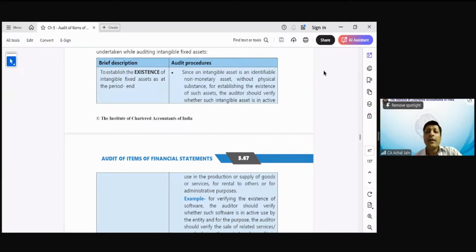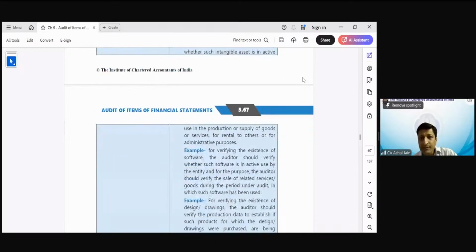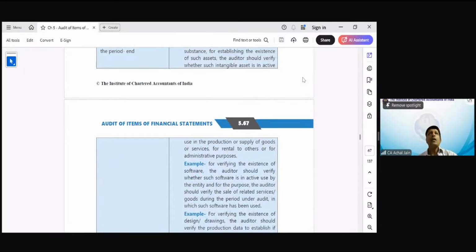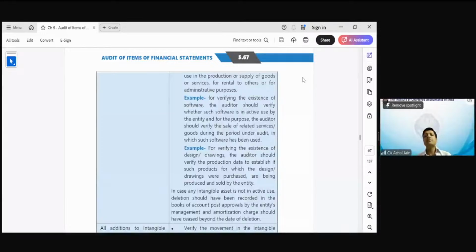Now first, whether the intangible asset is in active use or not. Because that's how the management would have categorized it, and accordingly, the management would have done its accounting and considered its amortization criteria. For example, for verifying the existence of software, the auditor should verify whether such software is in active use by the entity.